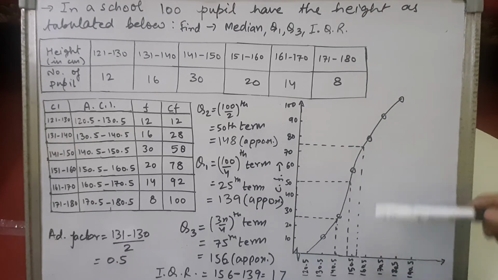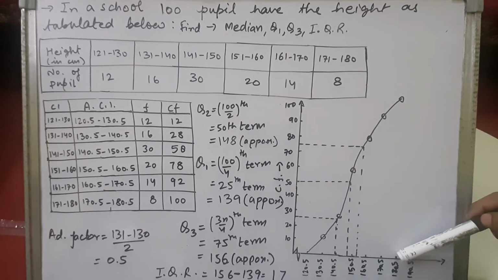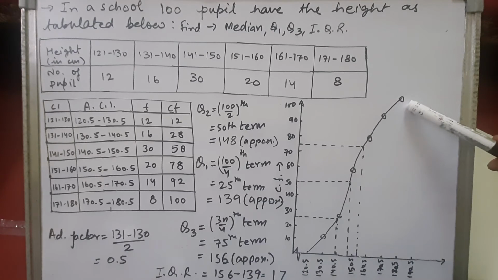At 160.5 we'll plot 78, at 170.5 we'll plot 92, then at 180.5 we'll plot 100. So when we join these points freehand, we get the curve, which is called the cumulative frequency curve or frequency ogive.